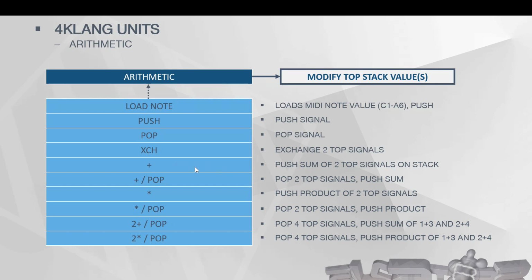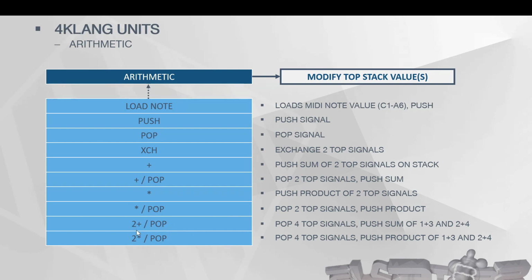Then just with the plus, you push the sum of the 2 top signals on the stack. With the plus pop, it will push the sum of the top 2 signals, but it will also remove the 2 top signals. So it's just the pure sum which ends up on the stack. Same for the multiplication. So of course this will push the product, or it will pop the 2 top signals, multiply them, and then push the product back.